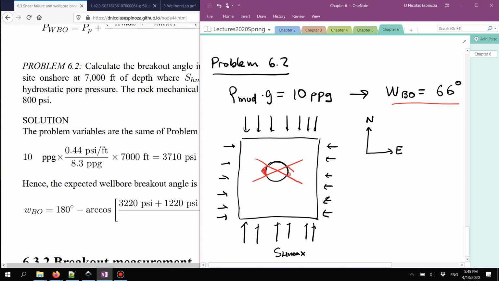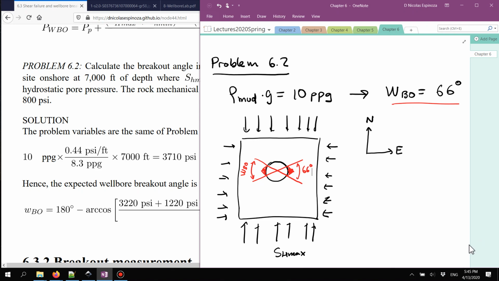So this is going to be the breakout. All that rock that I'm drawing over here in red that's going to fall into the wellbore is going to leave an empty space, and this is going to be the breakout angle WBO, which in this case is going to be 66 degrees.